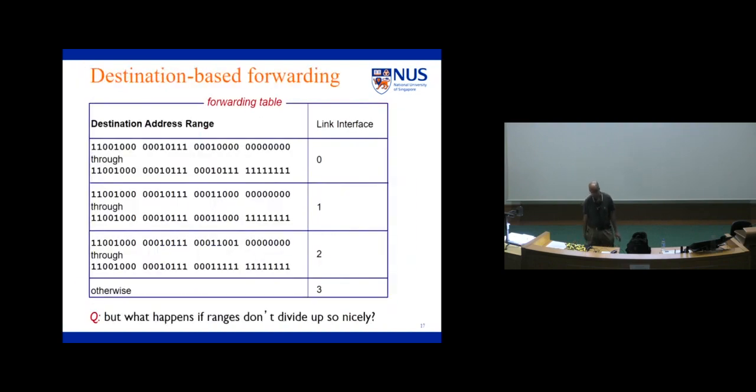And then we also looked at how we can organize our forwarding table so that we don't have to have billions of entries in it, one for each destination address. The way we do this is by grouping IP addresses together. So for a bunch of IP addresses, I can just have one entry saying you need to go this way. And last time when we were talking about subnets, that was why we do it this way.